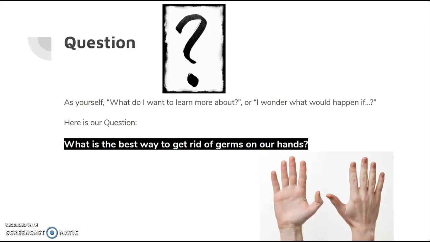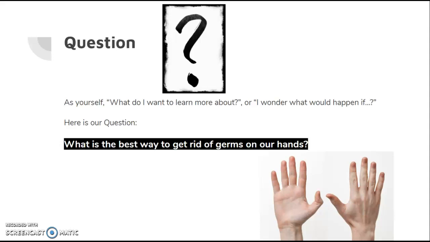All right, so first we ask a question. Questions are what help us to learn things, right? We can ask, well, what do I want to eat for dinner tonight? Or what is my favorite dessert? Or what is the favorite dessert of people around the world? So it's what we want to learn more about or what we wonder would happen if we did something, right?